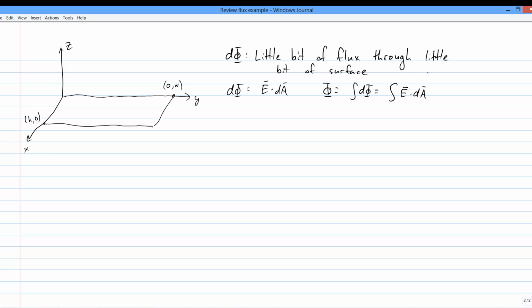We know that dA must point normal to the surface, so we'll let the dA vector be the dA magnitude times k hat. And now we can do that dot product. i dot k and j dot k are 0, and k dot k is 1, so basically we just end up keeping the component of the field that points through the surface.